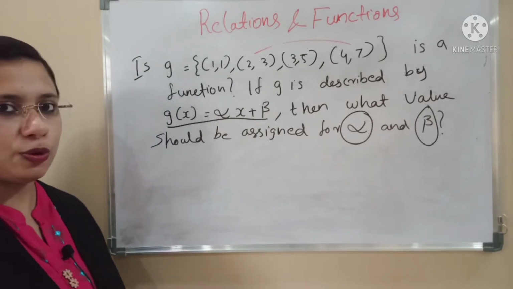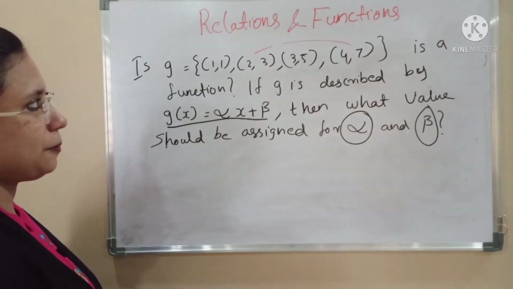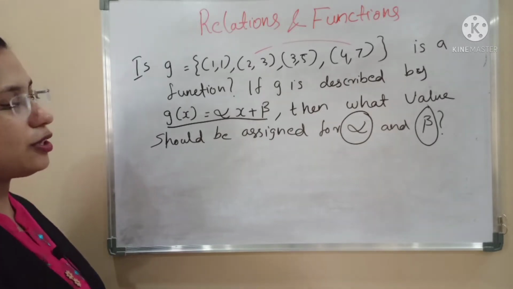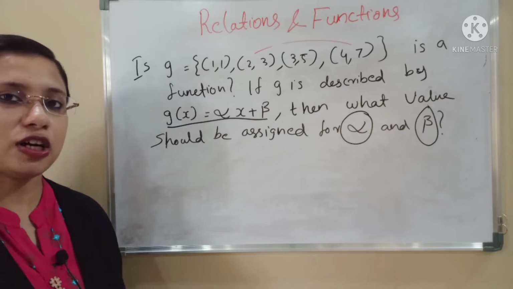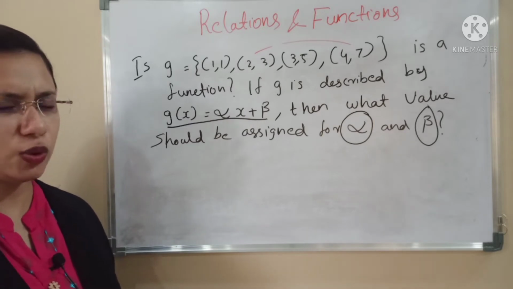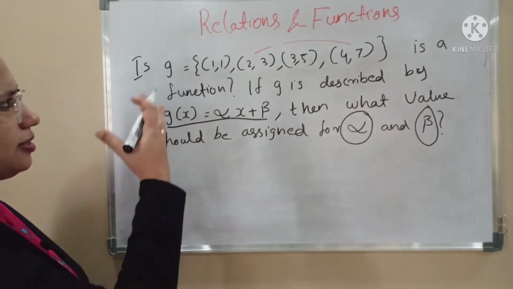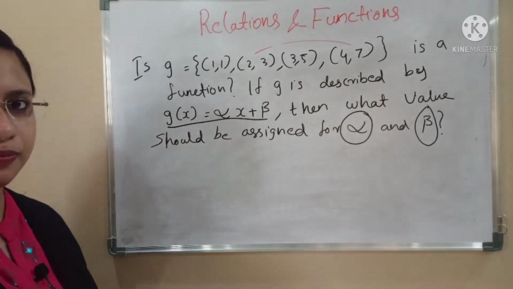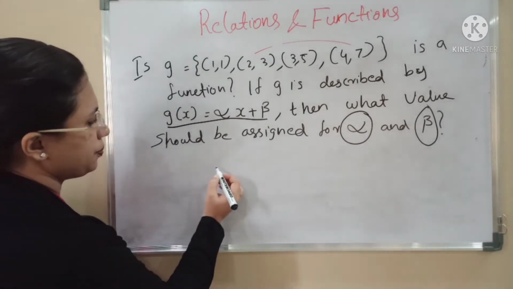If you go through our session, you can understand the difference between a function and a relation. So, how to check whether this set is a function or not? Let's see, I'll show.